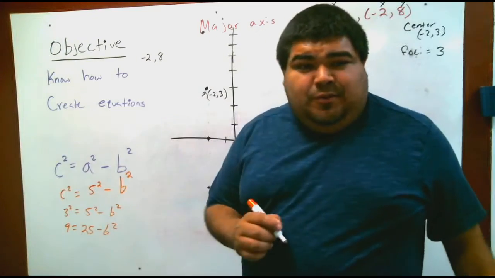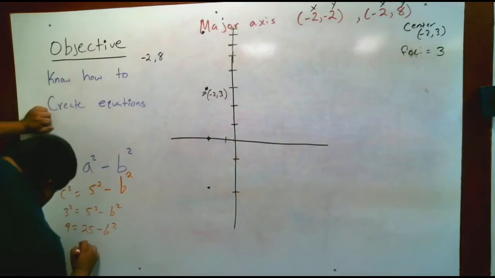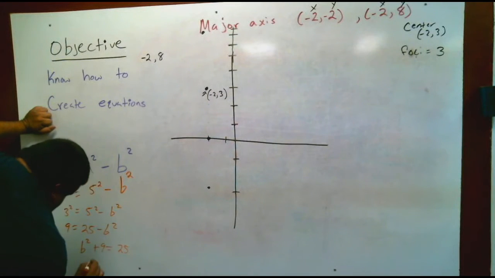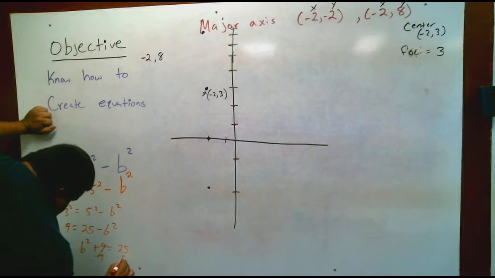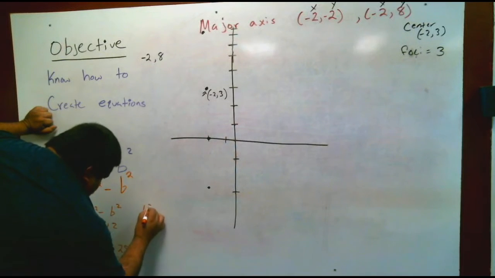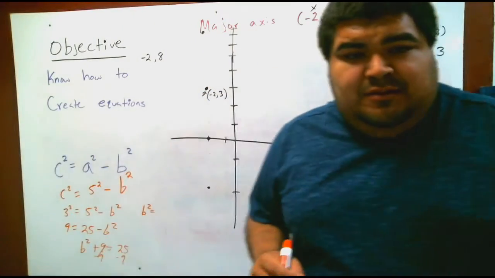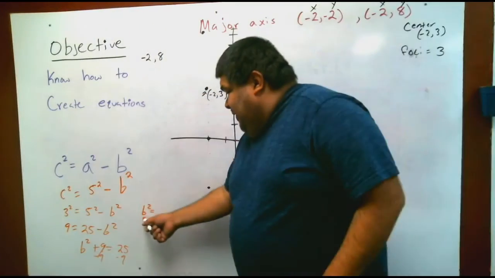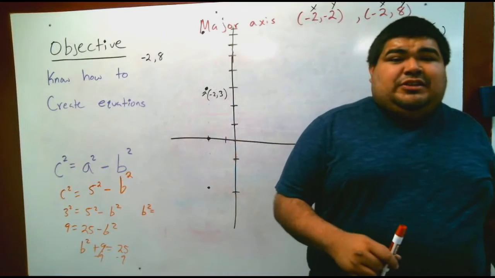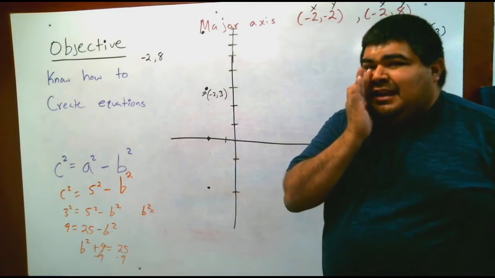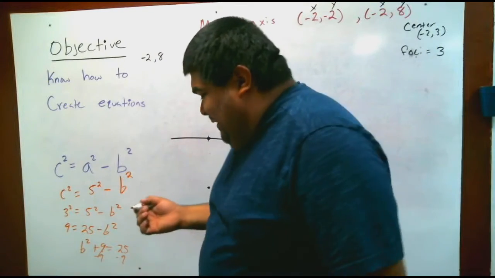So we have B squared plus 9 equals 25. Then we move the 9 to the other side. So B squared equals 25 minus 9. So 25 minus 9, which is, does anybody know? 16. It's 16.